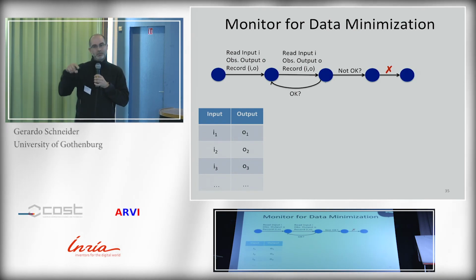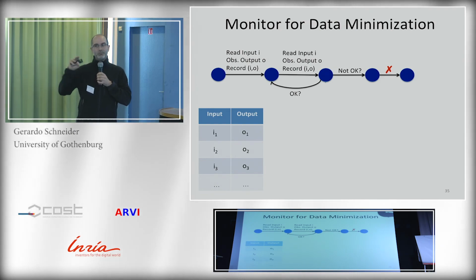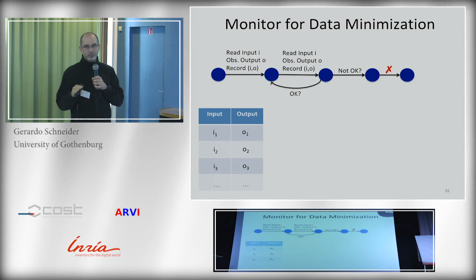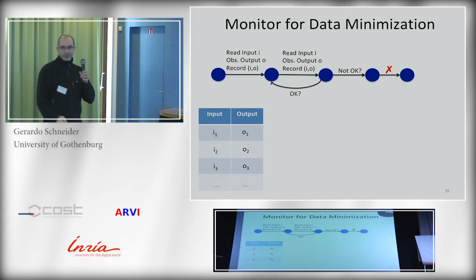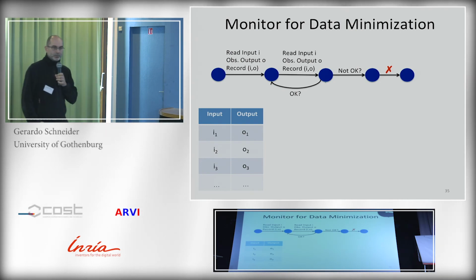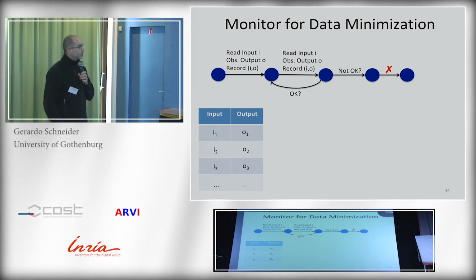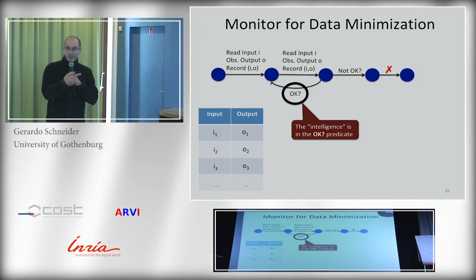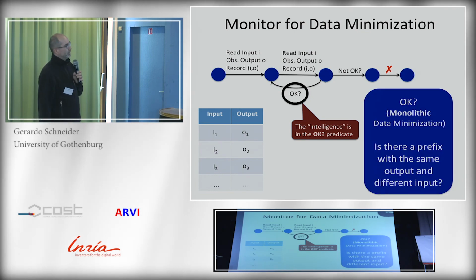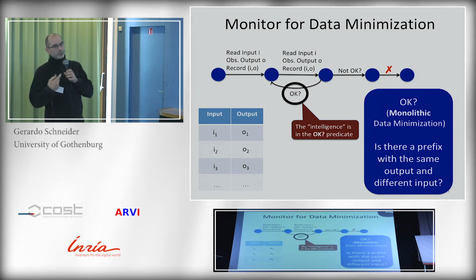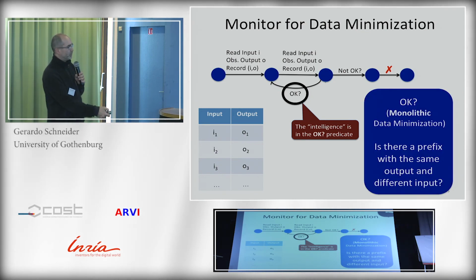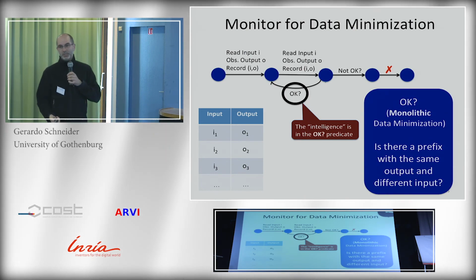So we detect non-minimality; you cannot say anything about whether it's minimal or not. Is it clear? A very simple monitor for a very simple property. The intelligence, of course, is in the OK function. This is a skeleton of a monitor. And for this monolithic minimization, it's very simple: is there a prefix with the same output and different input? It's quite trivial to check that.